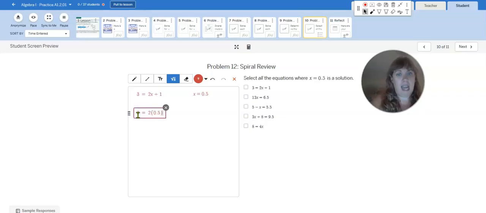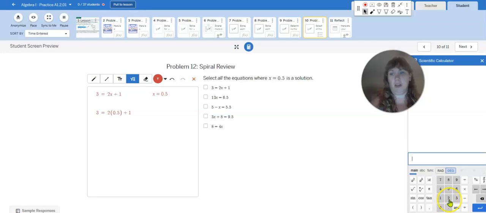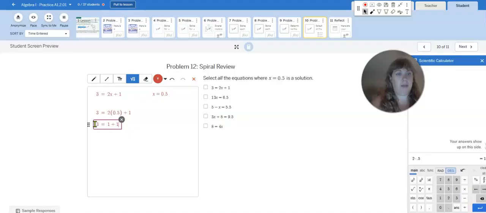So wherever we see an x, we're going to put 0.5. So we have 3 equals 2 times 0.5 plus 1. 2 times 0.5 is 1. So we get 1 plus 1, which is 2. And this is not equal. So the first one is not going to be one of our answers.